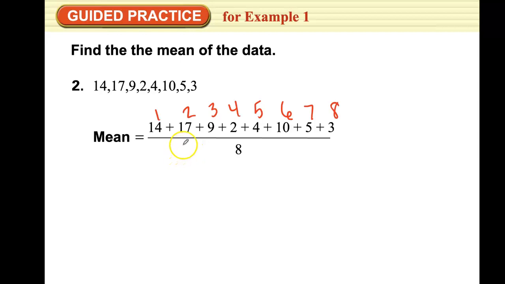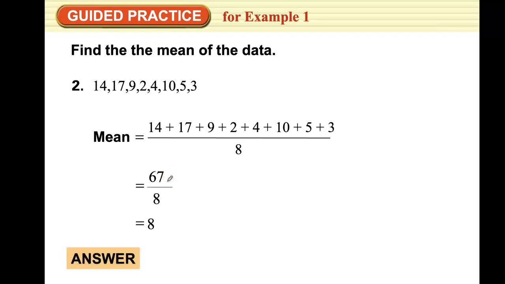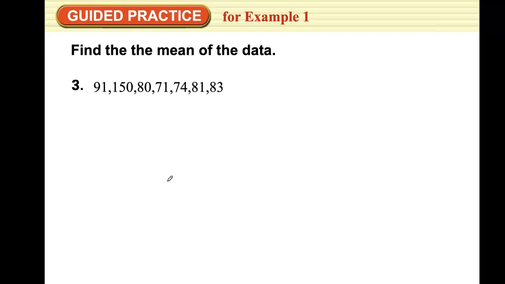Since I'm adding 8 numbers, I'm dividing by 8. I take 64 divided by 8, and I would get 8. I think they made a little typo here with this 67. The mean is 8. So it's your turn.